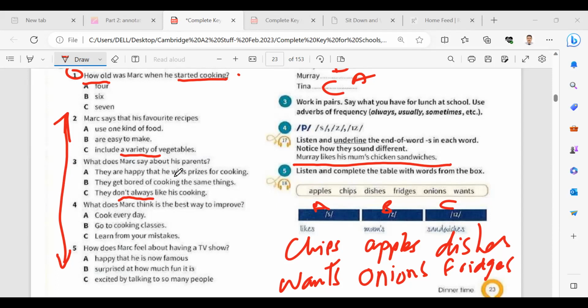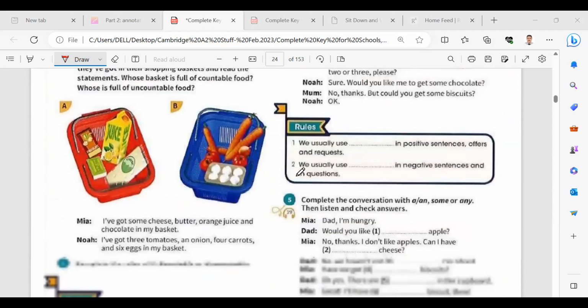Nawaf, can you read them again, please? Yes. Apples, chips, dishes, fridges, onions, wants. Yes, well done. Perfect.